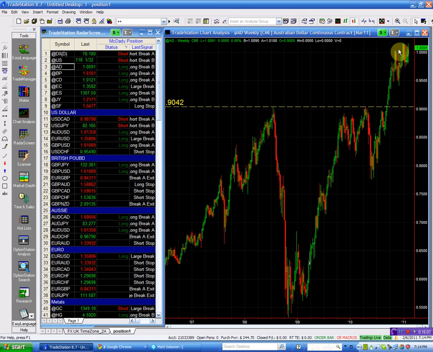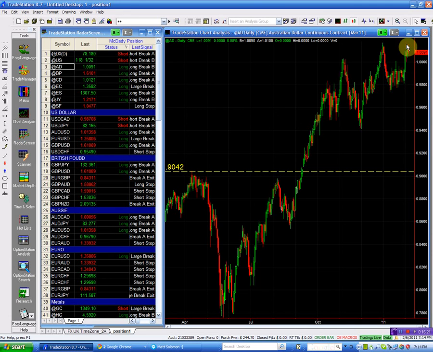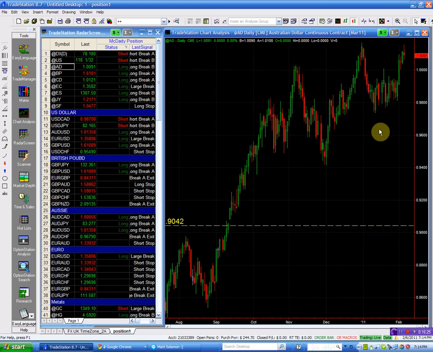If you look at the weekly chart, this is extremely strong. It looks like it wants to continue to the upside. Even though on the daily I would see that I have a minor sell signal in the Aussie, that is a minor sell signal.